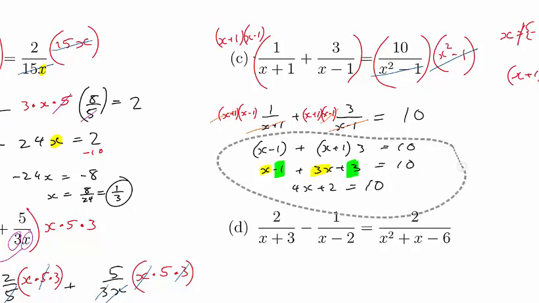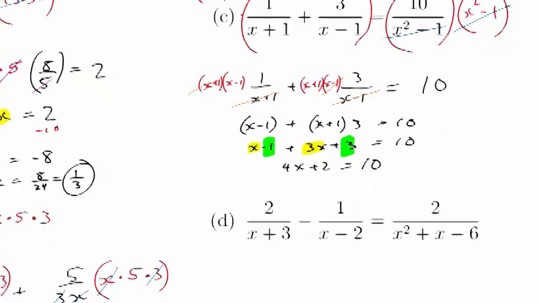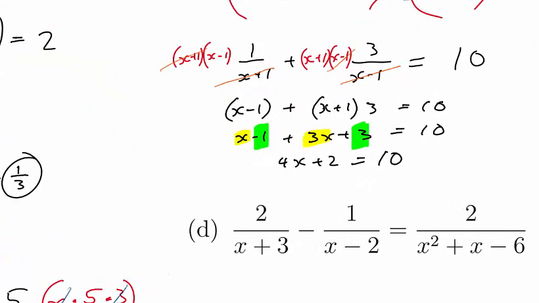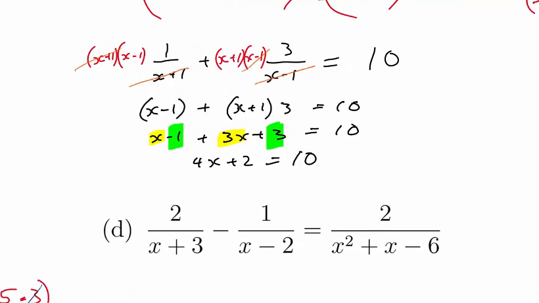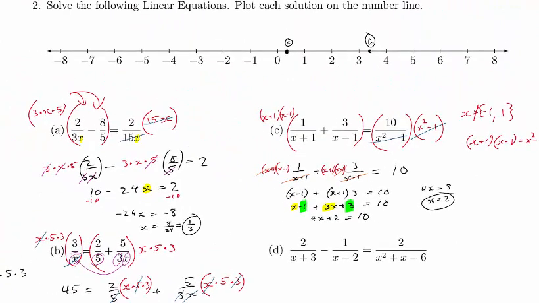Okay, so far so good. All right, so we subtract 2 from both sides, and we're left with 4x equals 8. Divide by 4, and we get x equals 2. Okay, so there's our answer. Let's go ahead and plot that one. That is a natural number.